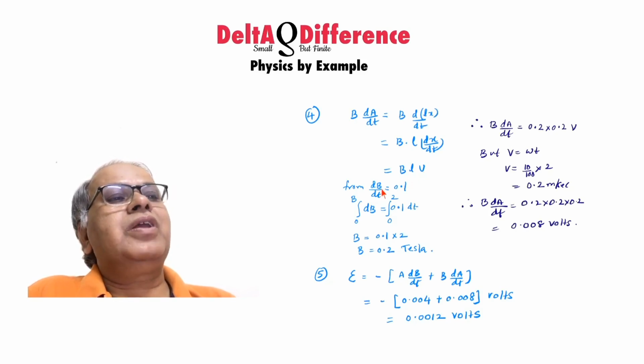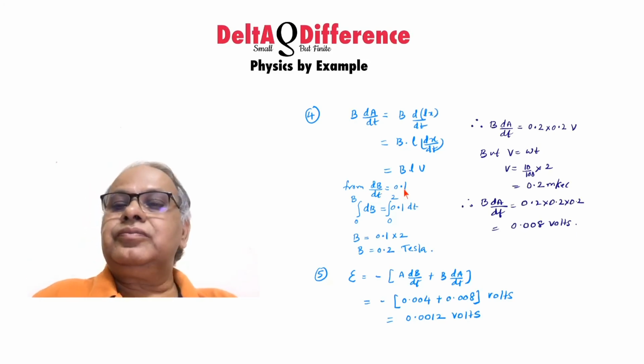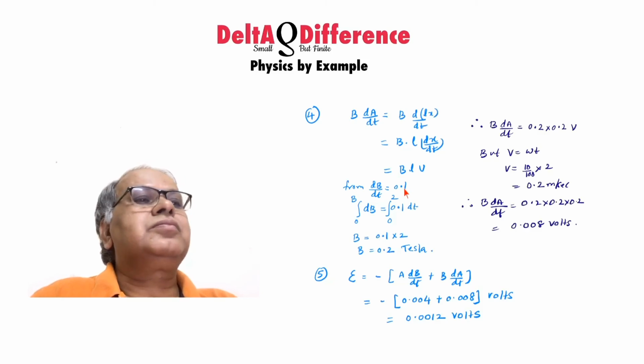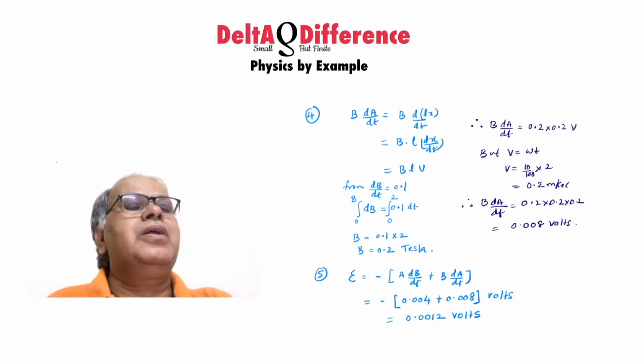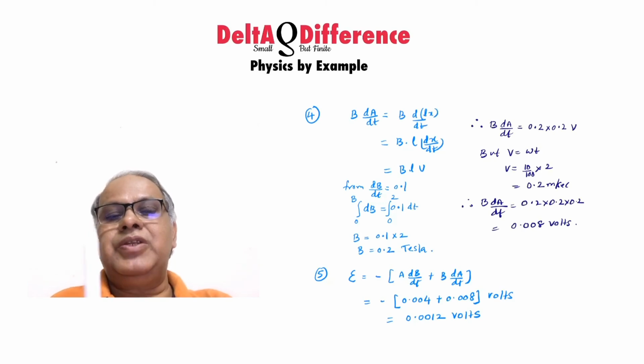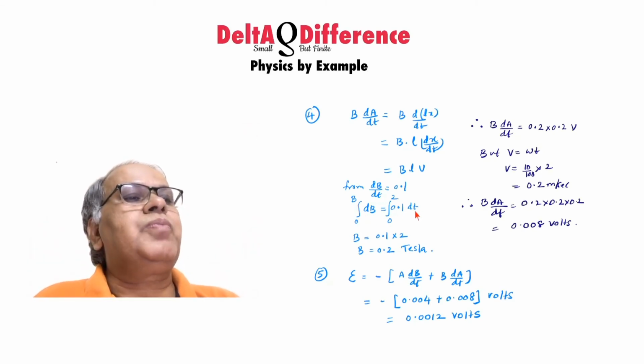So we'll go for the other thing. dB by dt equals 0.1, and separate the variables. dB equals 0.1 dt and integrate between proper limits. So 0 to B, 0 to 2, 0.1 dt. So B equals 0.1 into integral dt, 2 minus 0, we get 0.1 into 2.